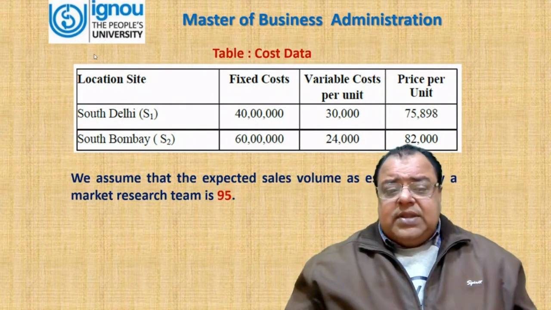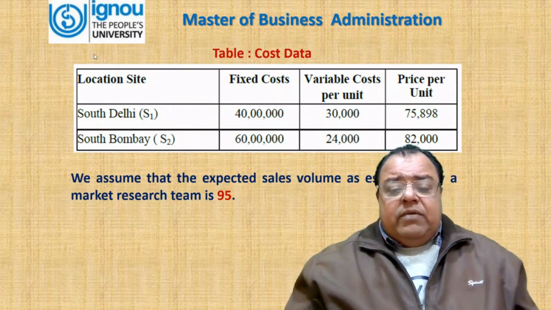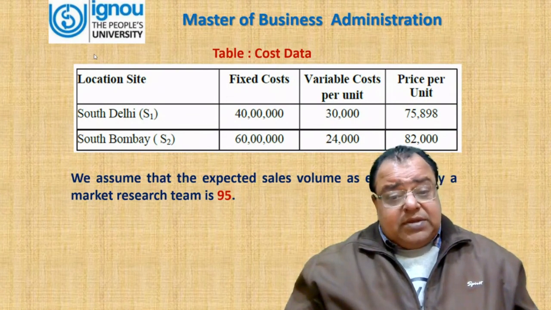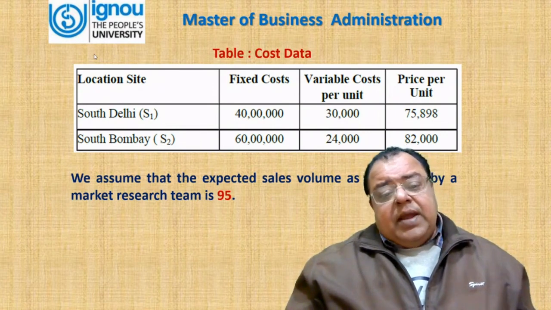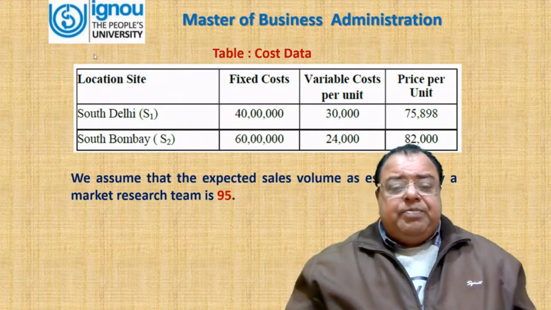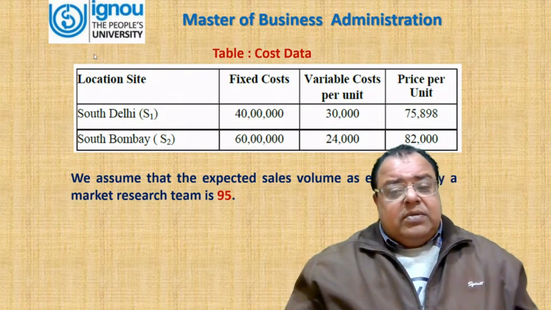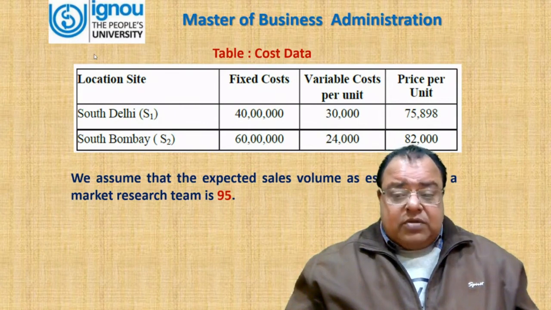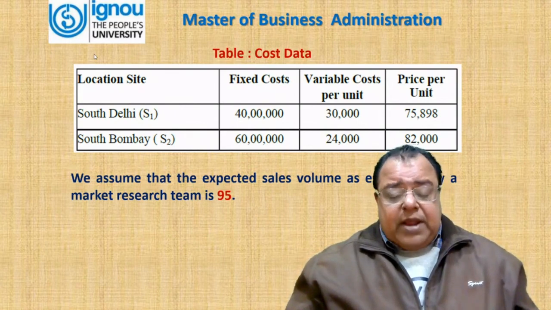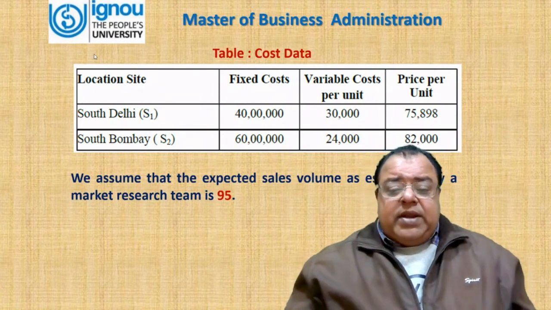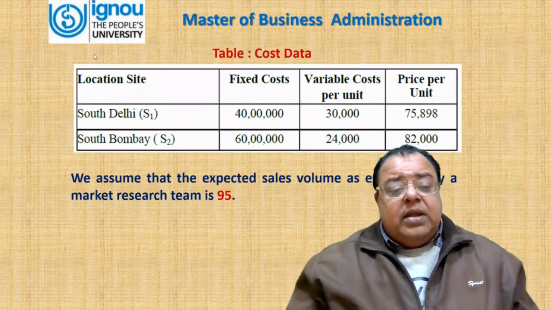Here we can see that for South Delhi, fixed cost is 40 lakhs, variable cost is 30,000, and price per unit is 75,898. And for South Bombay, it is 60 lakhs, variable cost per unit is 24,000, and price per unit is 82,000. We assume that the expected sales volume estimated by the market research team is 95.